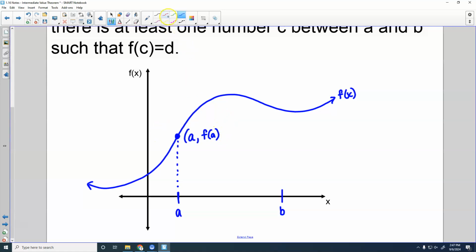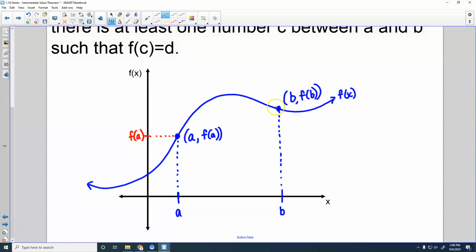So that means over here on the y-axis, I could label this point f of a, like that. I could do something similar with my b. Right here, this would be the point b, f of b.